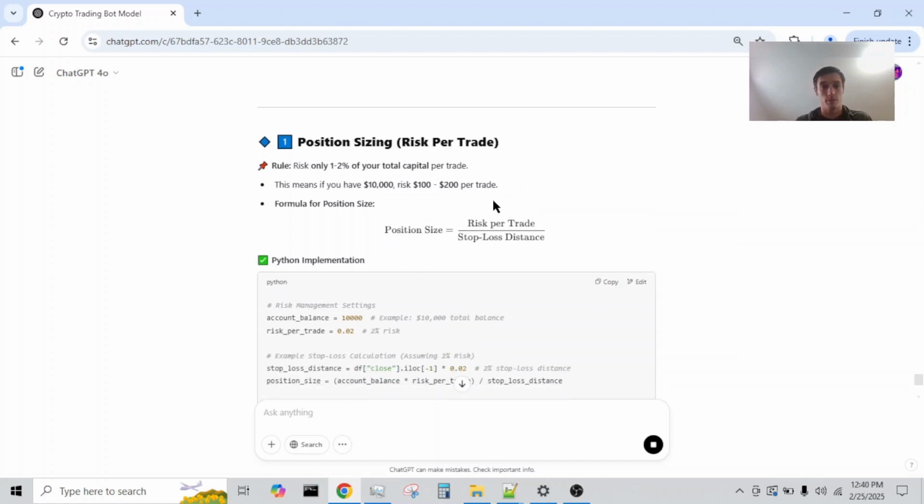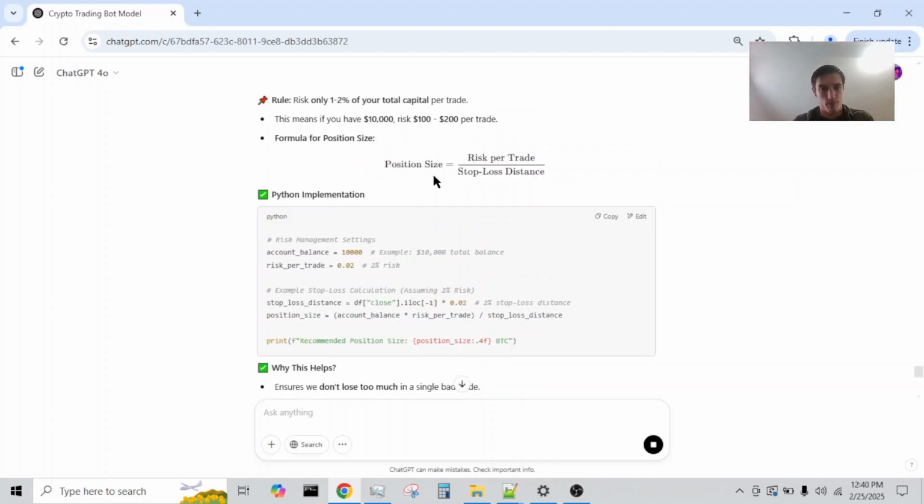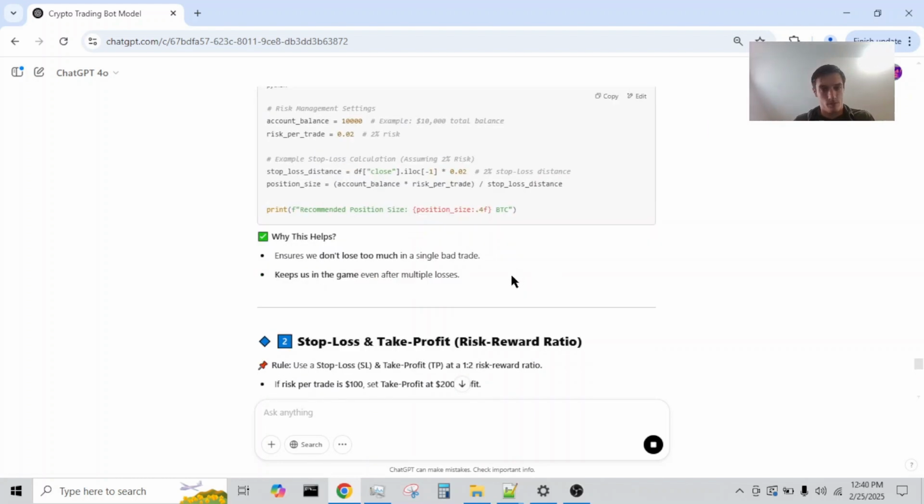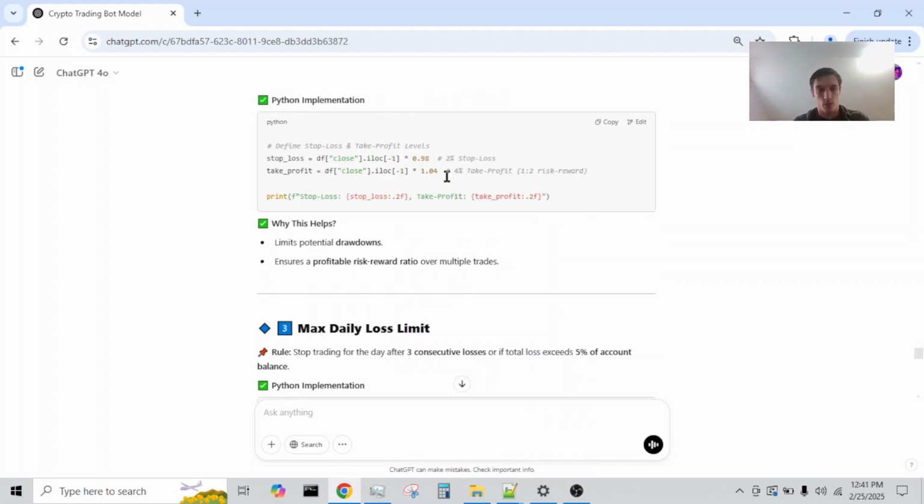Okay, so we have a $10,000 portfolio, only risking $100 or $200. Okay. This keeps us in the game even after multiple losses. The important thing about risk management is in back testing. So those kind of go hand in hand. Some more code.